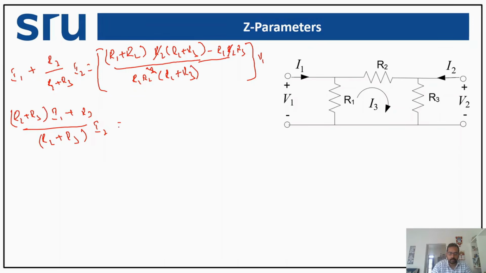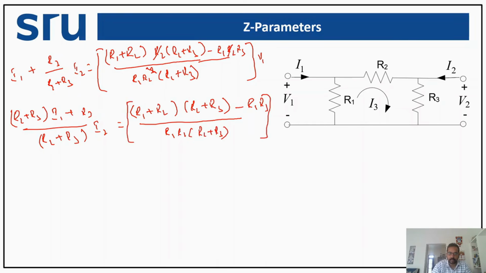Which is equal to R1 plus R2 into R2 plus R3 minus R1 R3 divided by R1 into R2 plus R3, totally multiplied with V1. So this R2 plus R3 and this R2 plus R3 get cancelled, and we are trying to send this particular numerator towards the left hand side. So what are we going to get?